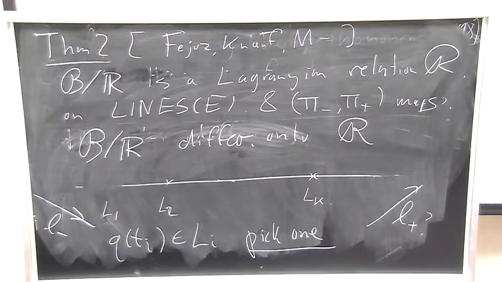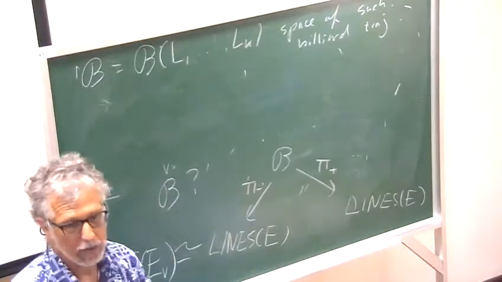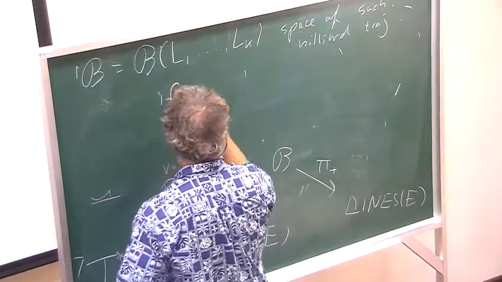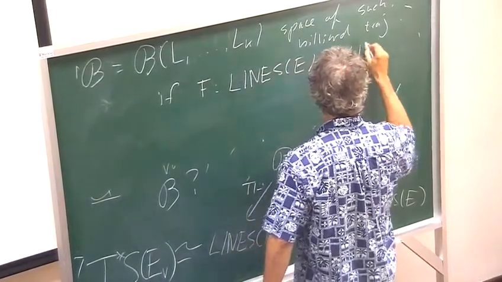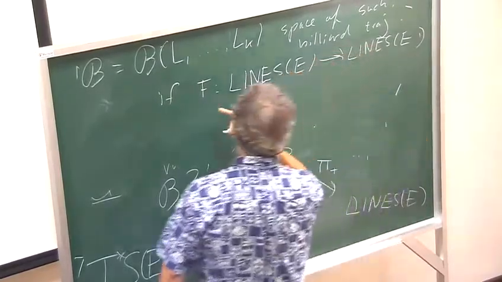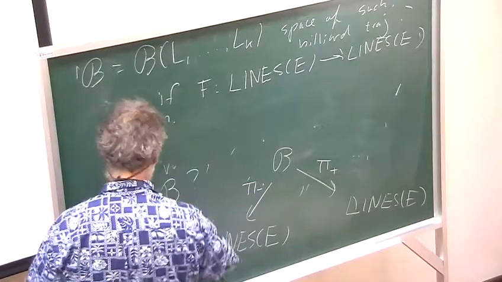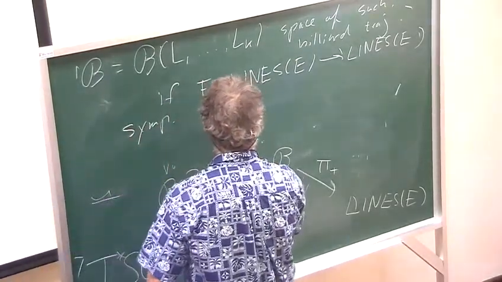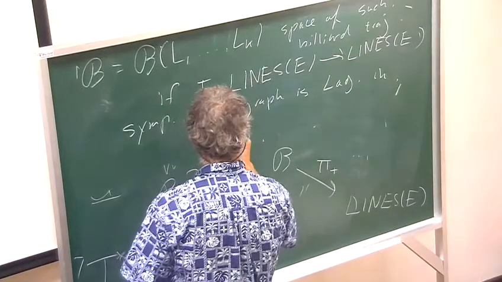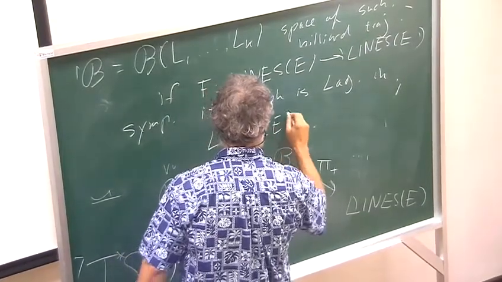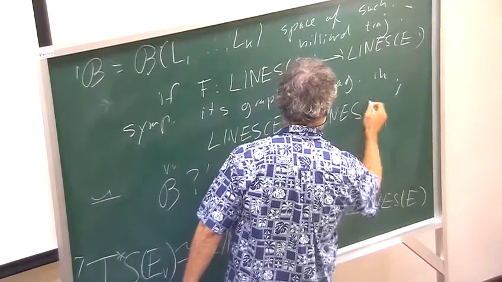And I want to say a word about what a Lagrangian relation is here. The idea is that if I had a map F, on a symplectic space, that was symplectic, its graph is Lagrangian in the product.